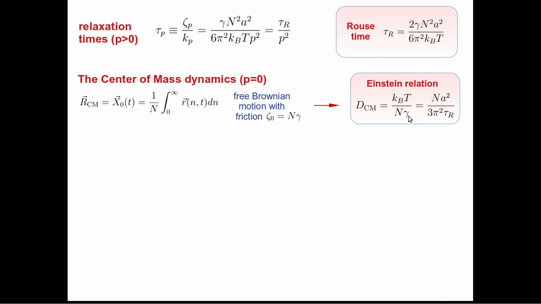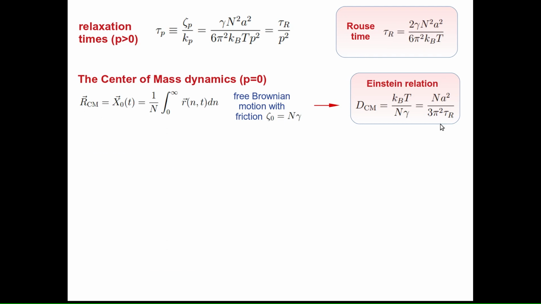I can rewrite this also in a different way, in the following form. If I use the definition of tau of r, which is here, you see it's dependent on gamma and n squared, so I rearrange it and have it in this way, which is also a convenient way for later.